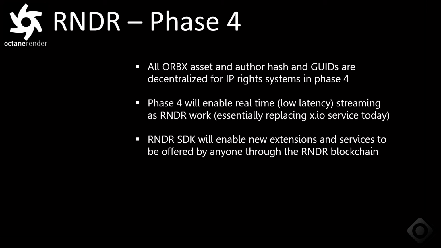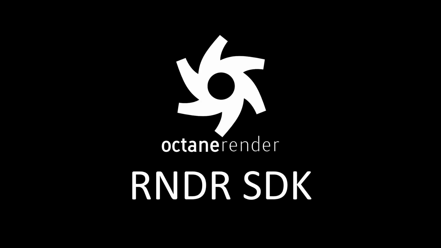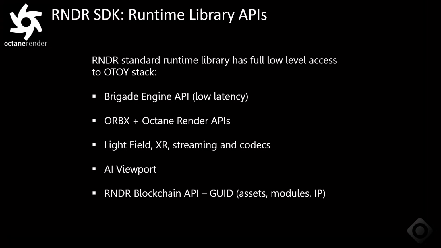And then a big part of making this work is not just putting out tools and services, but also having an SDK that lets others build on the core pieces that we're already launching ourselves. So having a Render SDK that targets what you can do with Octane is our first step. We're internally using that, and the SDK actually has access to Brigade Engine's API, the Orbx importer and exporter, Octane rendering API.